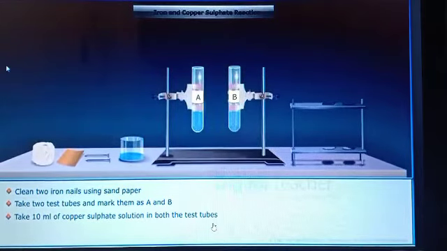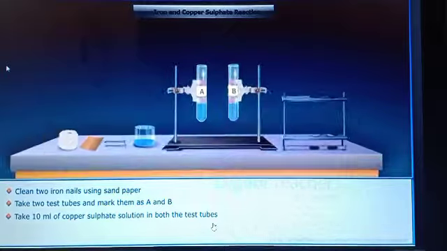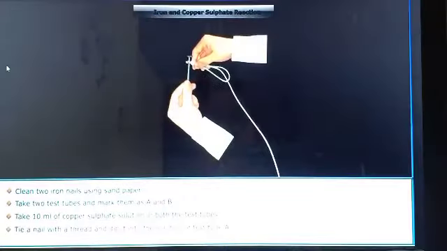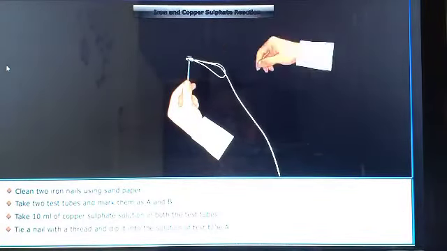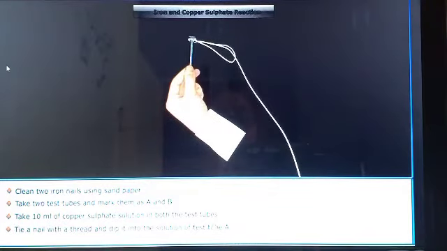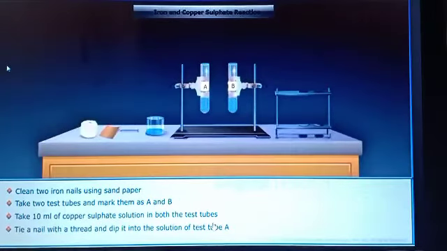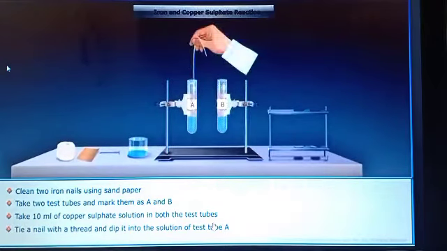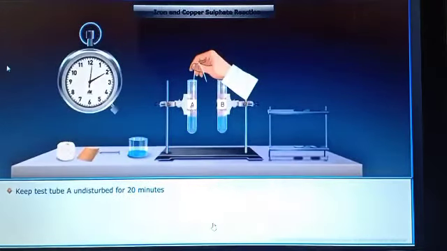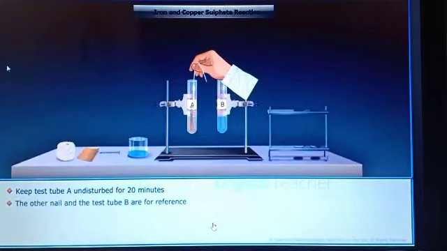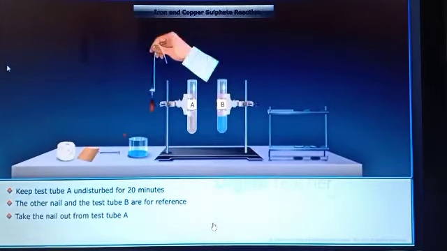Now, take 1 nail and tie it with thread properly. Then keep it in test tube A as shown in the figure. Leave it for approximately 20 minutes. The other nail and test tube B are for reference.